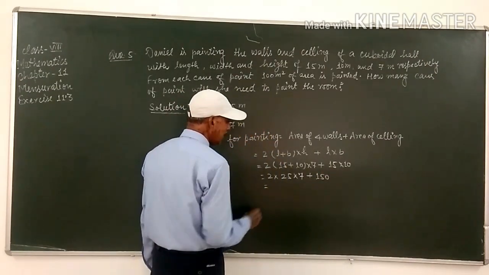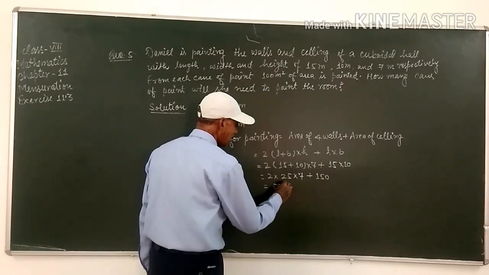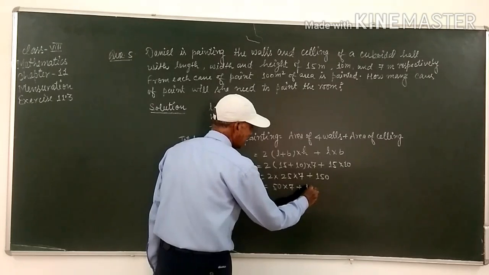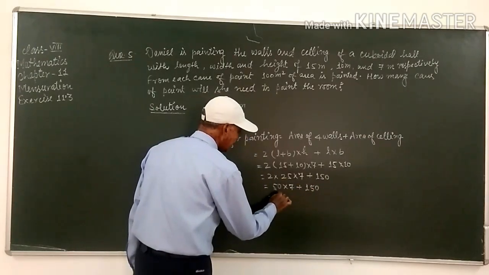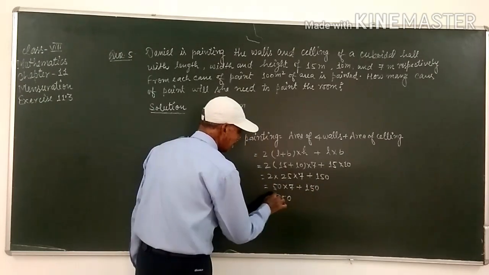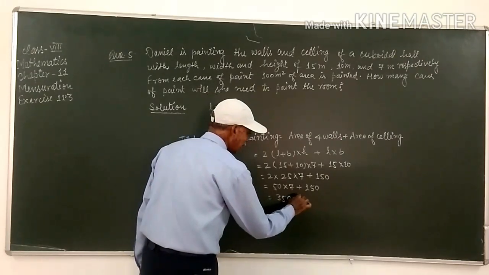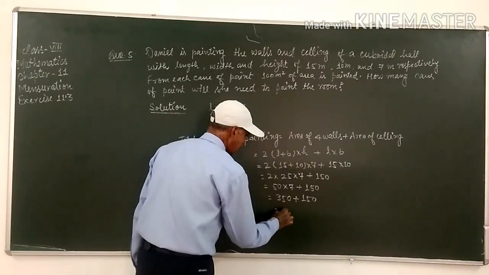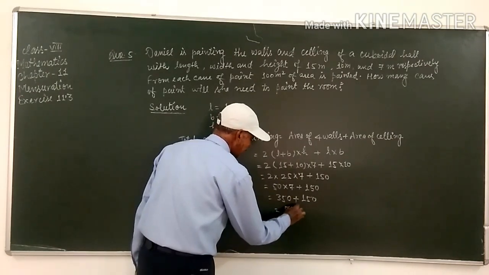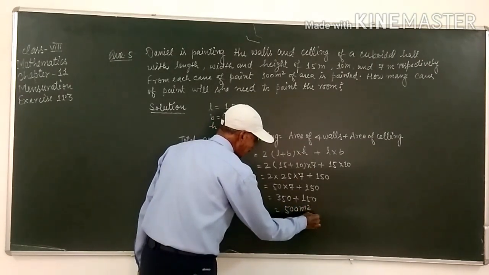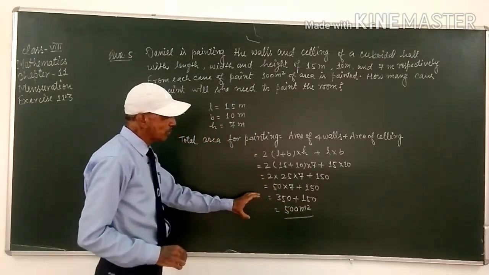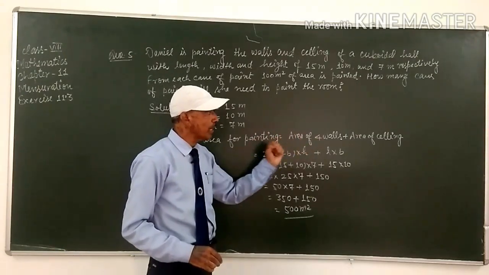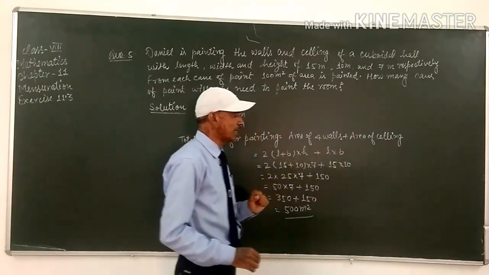It will be 50 into 7 plus 150. It will be 350, 5 7s are 35, plus 150, and it will be 500 meter square. This is the total area for painting, that is the area of 4 walls plus area of ceiling.